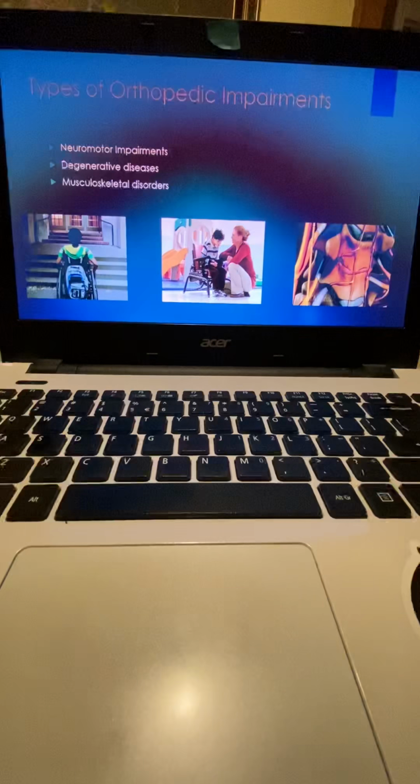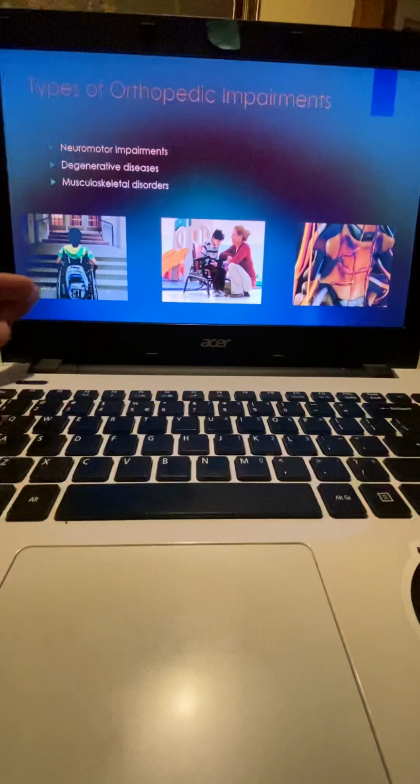There are degenerative diseases as well as musculoskeletal disorders. Some of these impairments might be seen by the naked eye, or be visible from a third-party perspective of how it affects an individual.